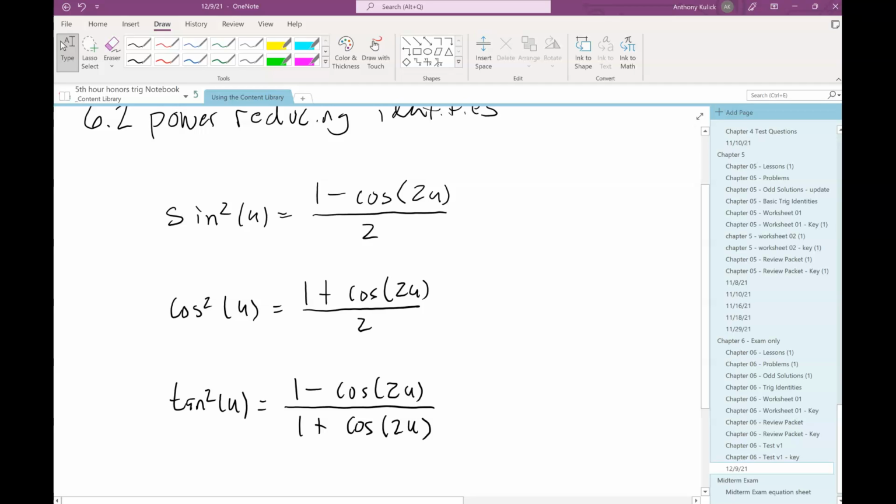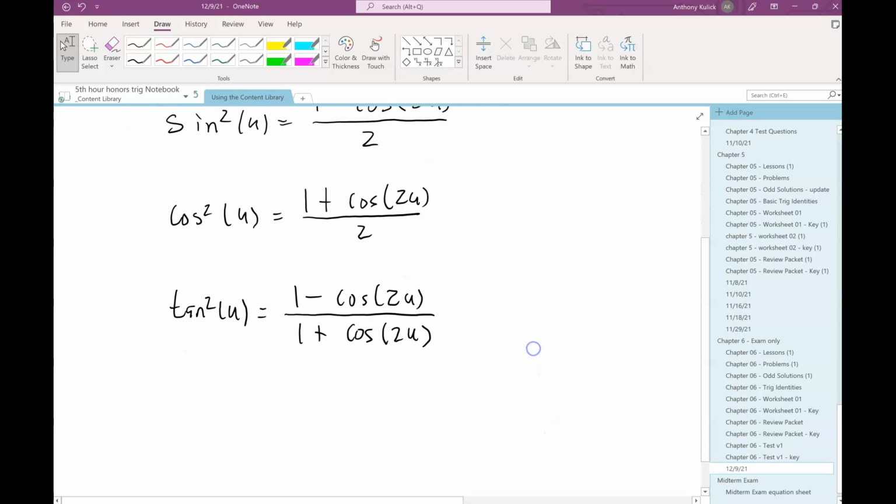If you wanted the power-reducing identity for cosecant, secant, or cotangent, what do you suppose we're going to do? Just do the reciprocal of the one for the corresponding sine, cosine, or tangent, right? No big deal. Okay. So let's just look at a quick example here, or 2.